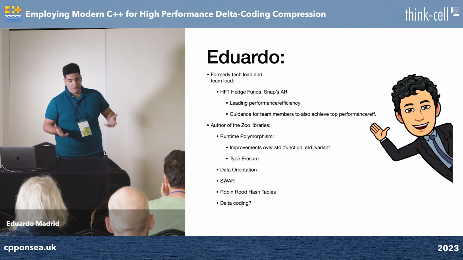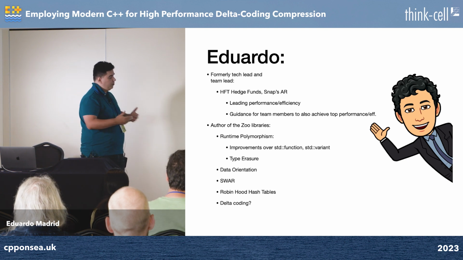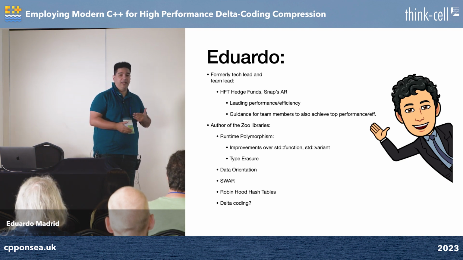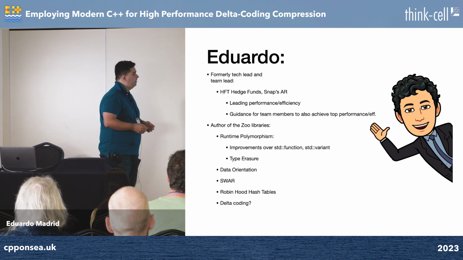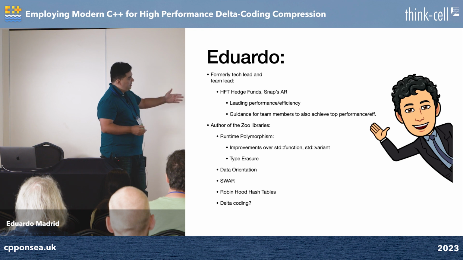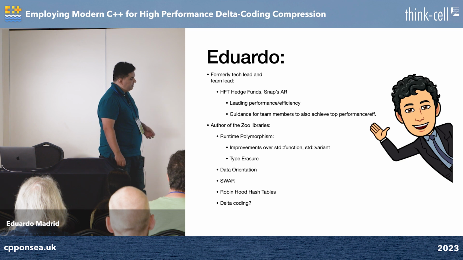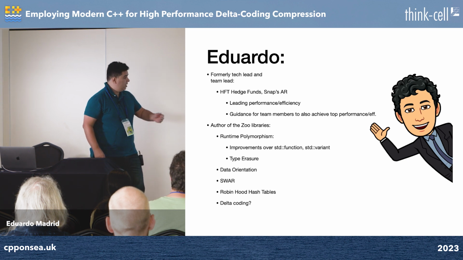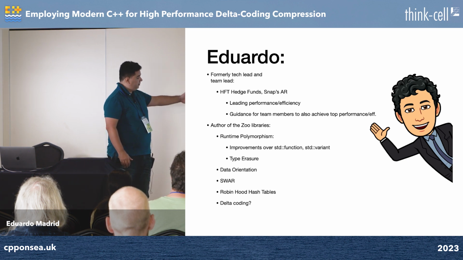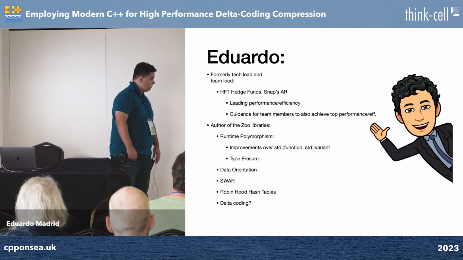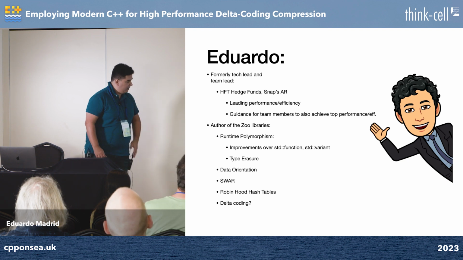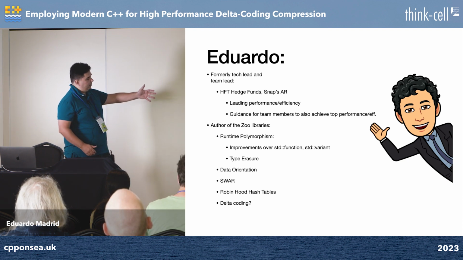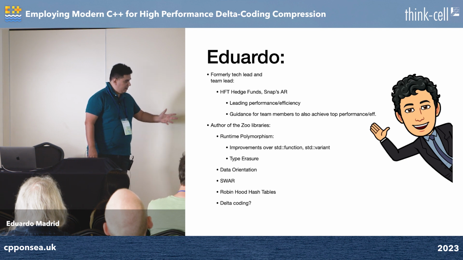Part of my work has been to provide guidance for team members to get much better at C++ so that they are able to do top-level quality software infrastructure. I have presented at conferences and user groups, such as London C++, about some of my inventions and the topics that I'm interested in. And this is a small sample of what they are about.